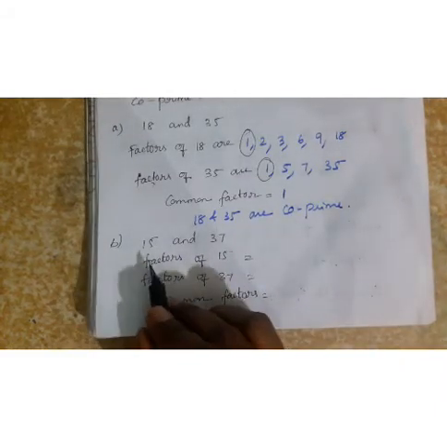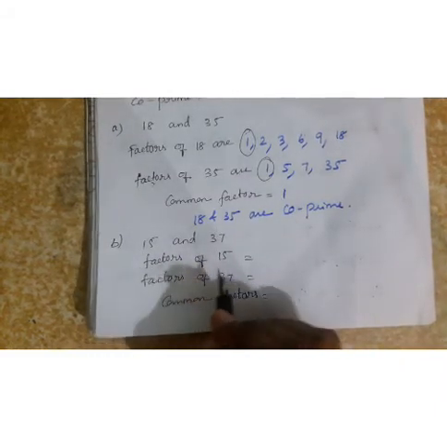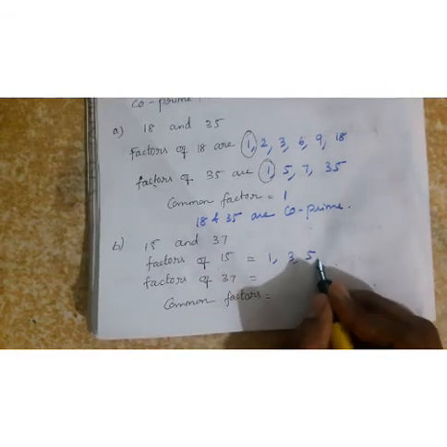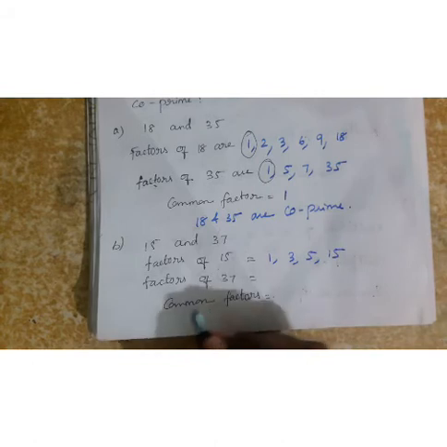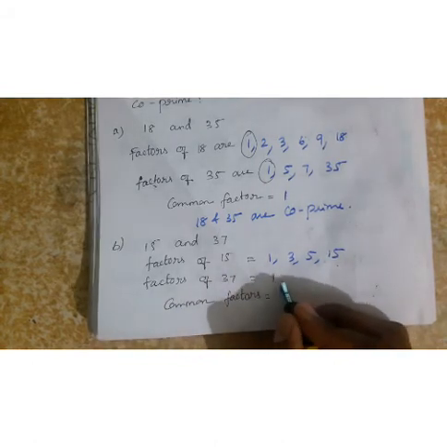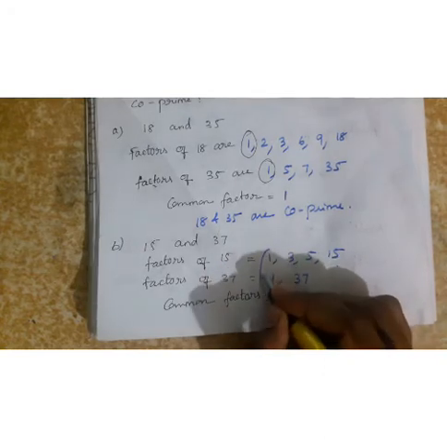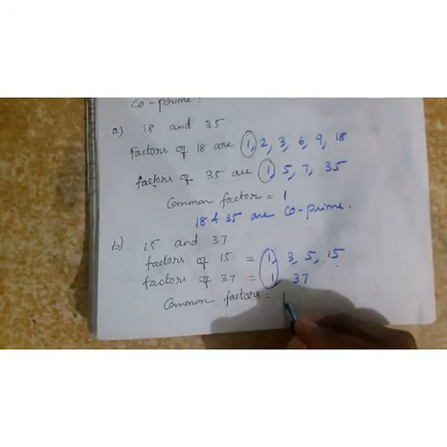B part, 15 and 37. Factors of 15 equal to 1, 3, 5, 15. Factors of 37 equal to 1, 37. Common factors equal to 1.